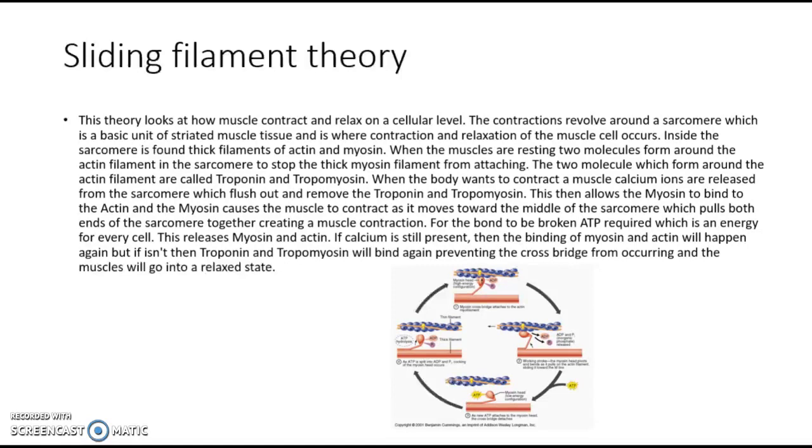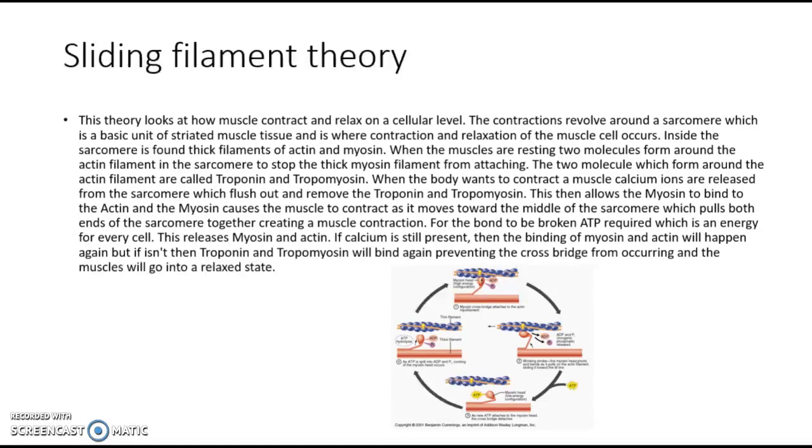But when the body wants to contract a muscle, calcium ions are released from the sarcomere, which flush out the troponin and tropomyosin. This then allows the myosin to bind to the actin, and myosin causes the muscle to contract as it moves towards the middle of the sarcomere, which pulls both ends of the sarcomere together, creating a muscle contraction.